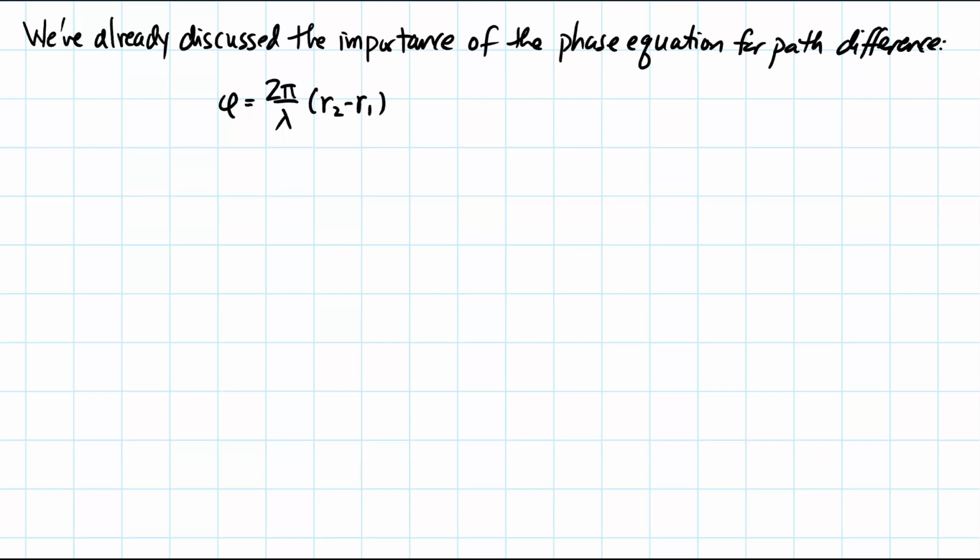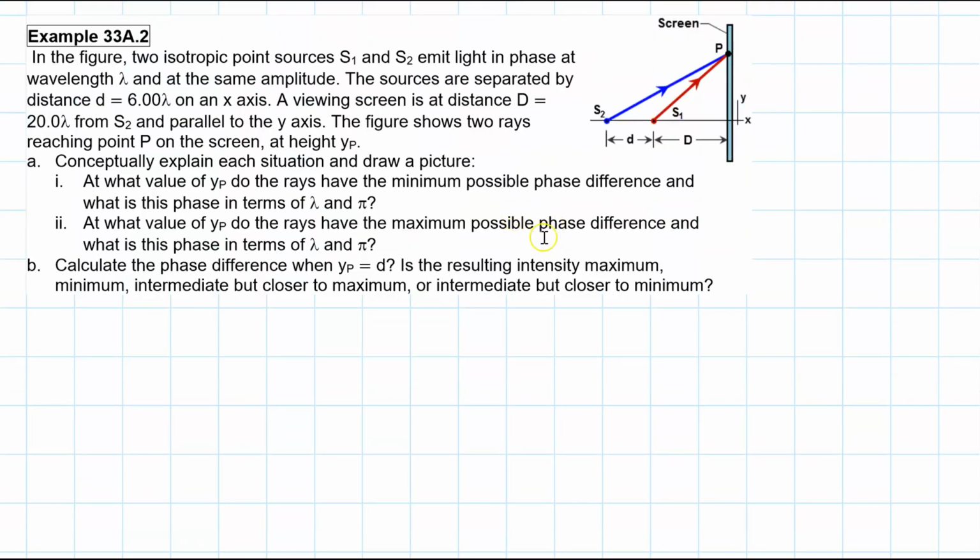I now want to go in and look at this, for example 33A.2. Let's read this example here. So I have source 1, I have source 2, there's a separation distance, and then there's a distance to a screen, which is vertically right here. So what you have then is that the sources are separated by 6 lambda, and the screen distance is 20 lambda.